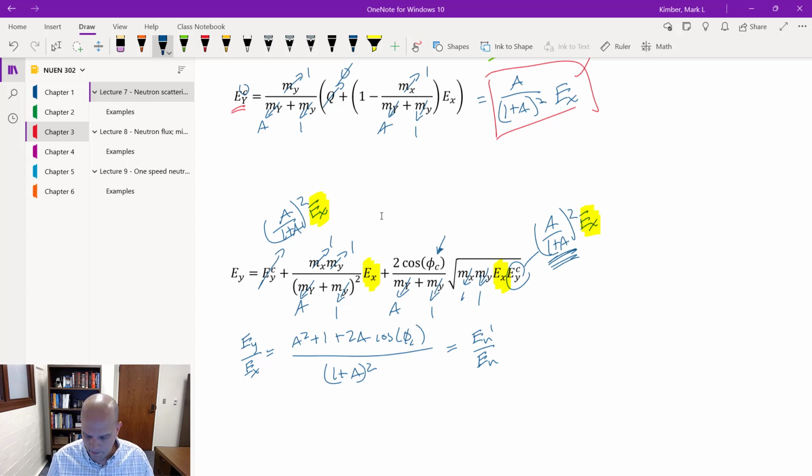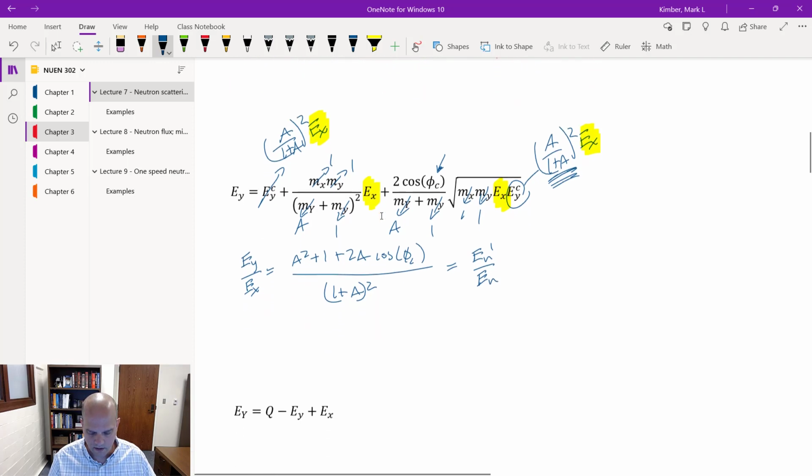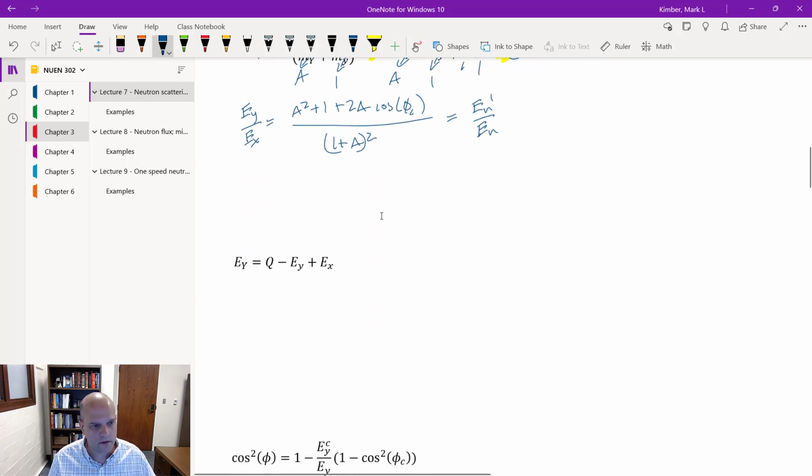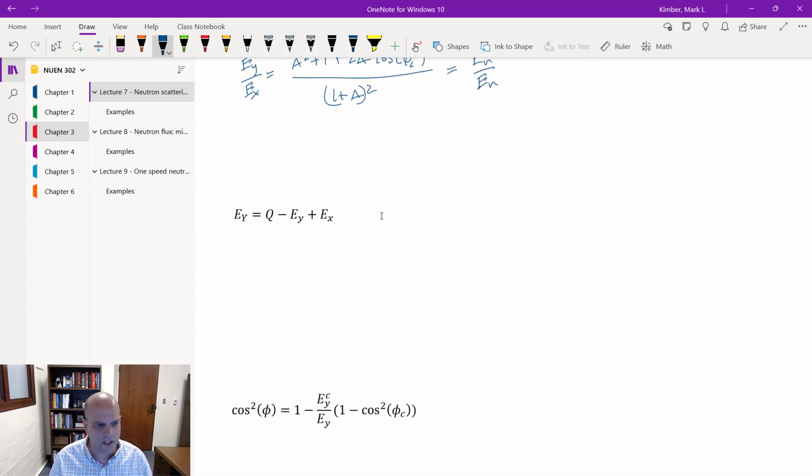Okay, so the next one we want to look at is the large particle on the product side. And so for this one we've got Q equals 0. We've got an expression now for EY, which is right here, and that'll be in terms of EX. And then I've just got EX there.